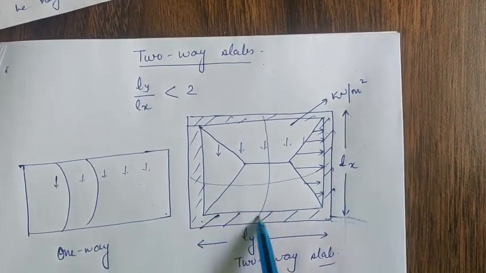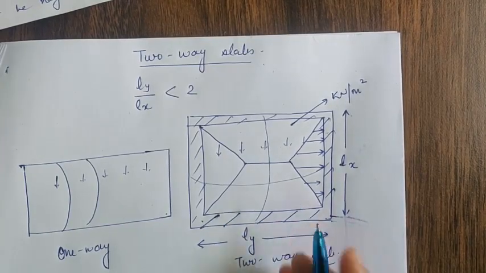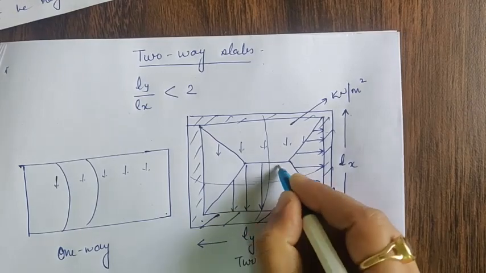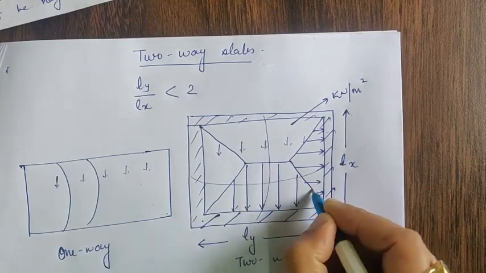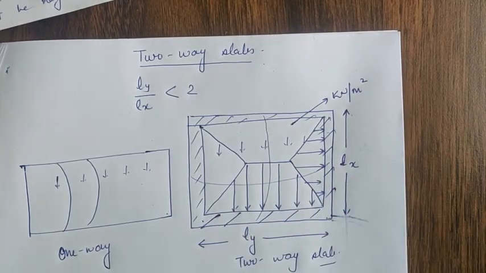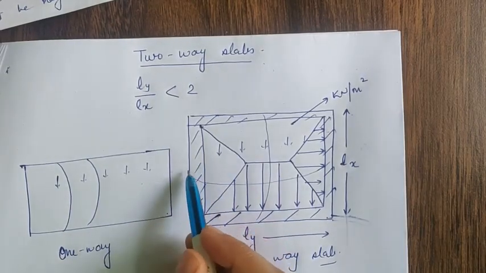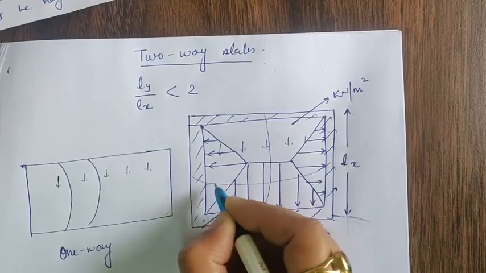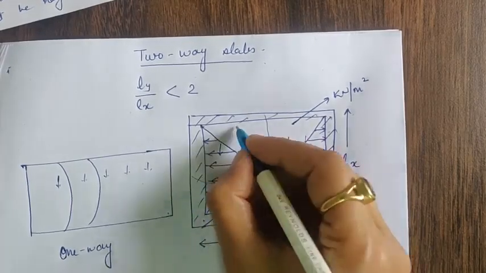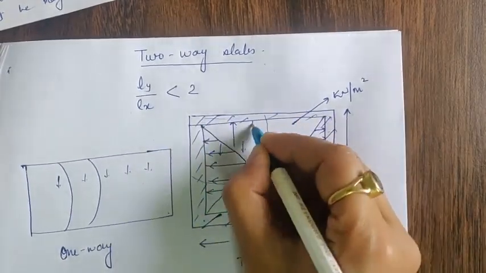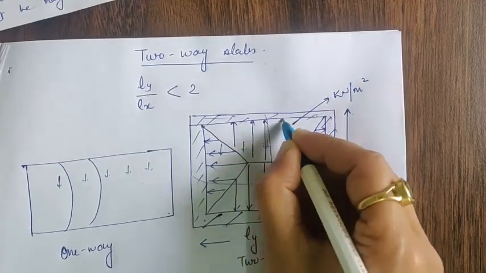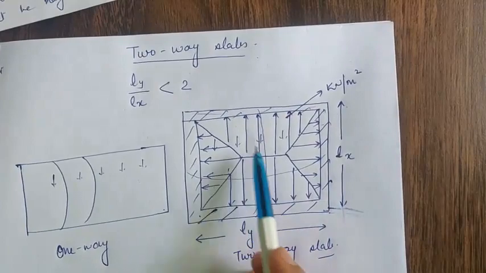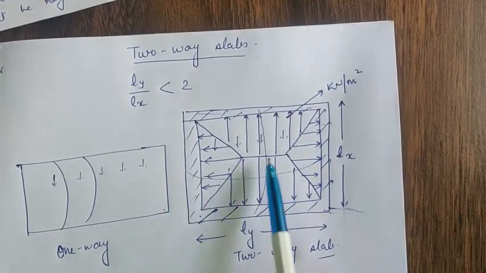How much is the load transferred on this beam? On this beam, we will consider the load transferred from this trapezoid onto the beam. Similarly, the load that will be transferred on this particular beam will be this one, and the load transferred on this beam will be this. So the distribution of the load from the slab to the beam will be taken in this particular way.